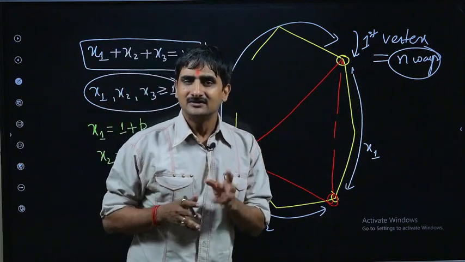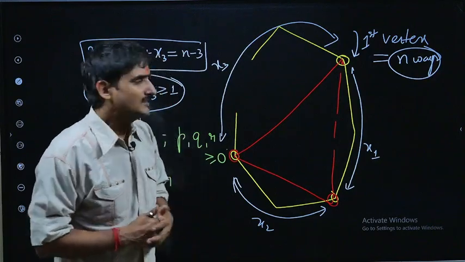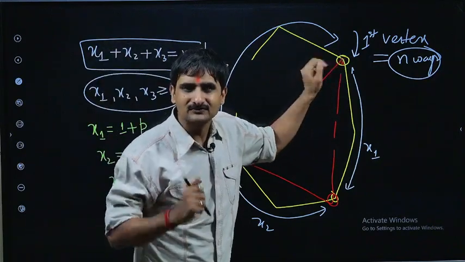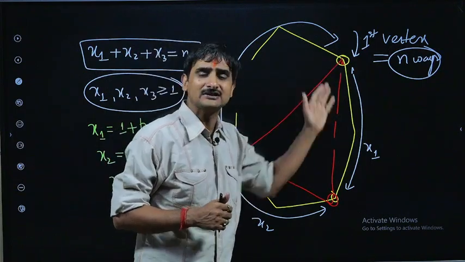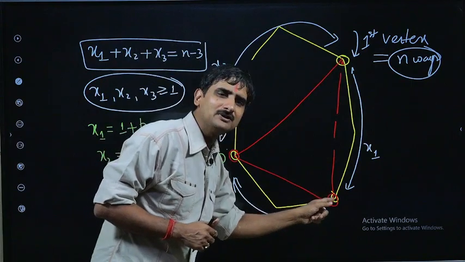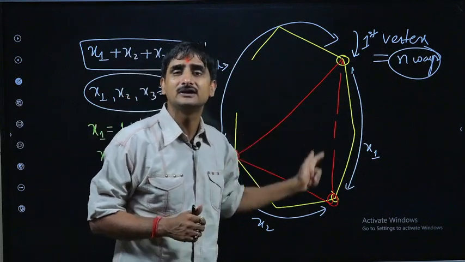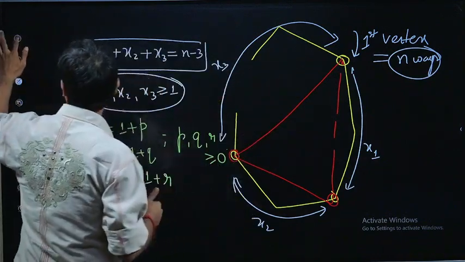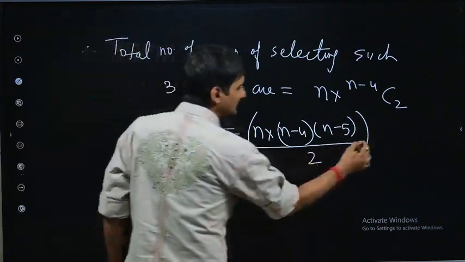Because there are n ways to choose the first vertex, if the first vertex is this, you get a triangle. If the first vertex happens to be this, you get the same triangle. If it happens to be this, you also get the same triangle. So every triangle is being repeated 3 times.